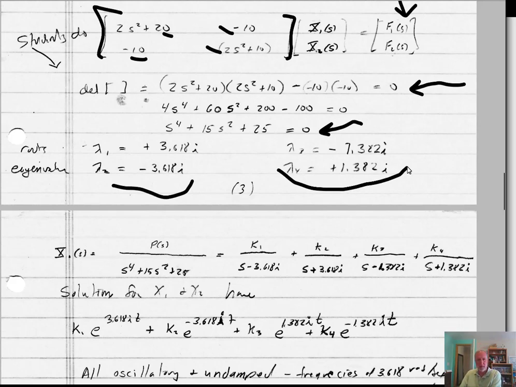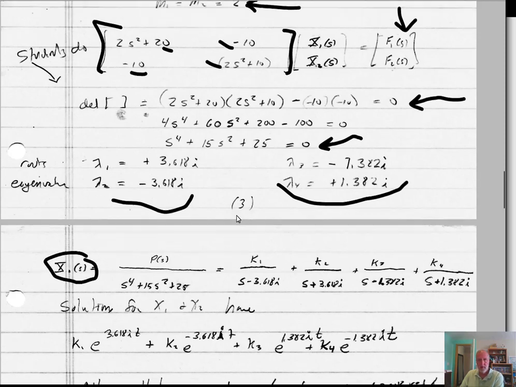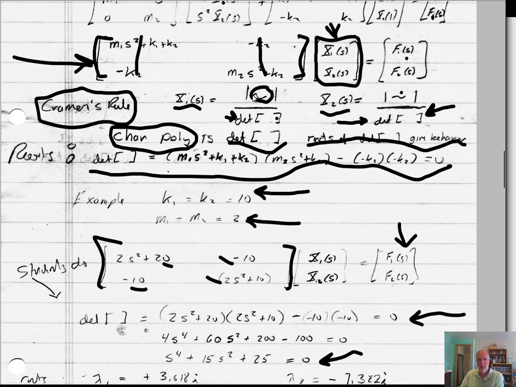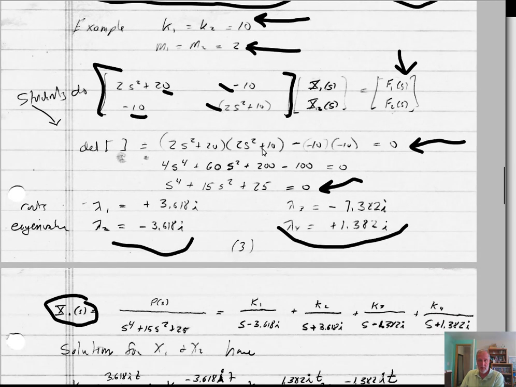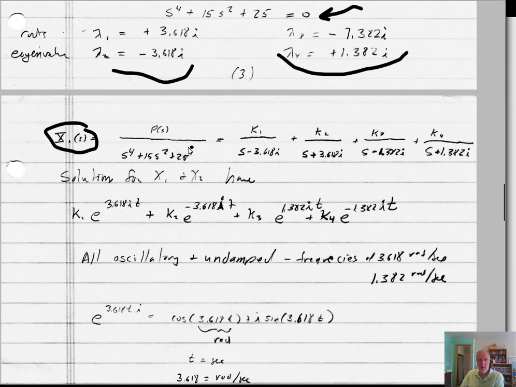And so here's the roots that you get if you plug that polynomial into your calculator or MATLAB and factor it out. And so what that means is the solution, x1, which is equal to that numerator thing that we get by replacing the columns, divided by the determinant. So those roots are the roots of this determinant polynomial that we just talked about.